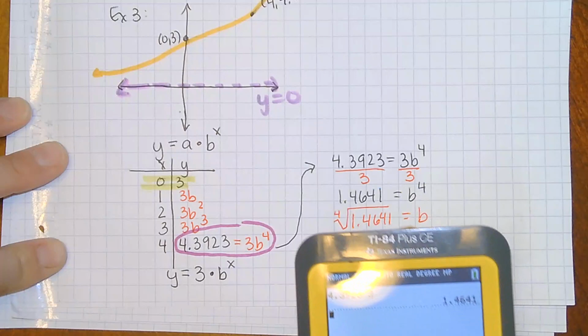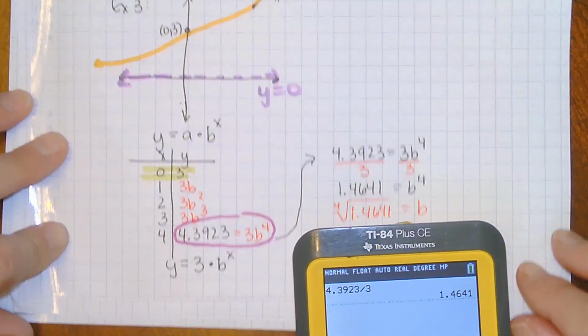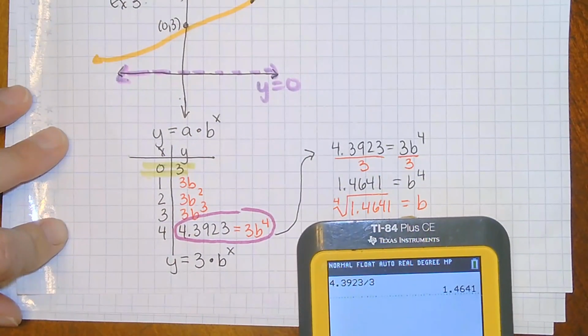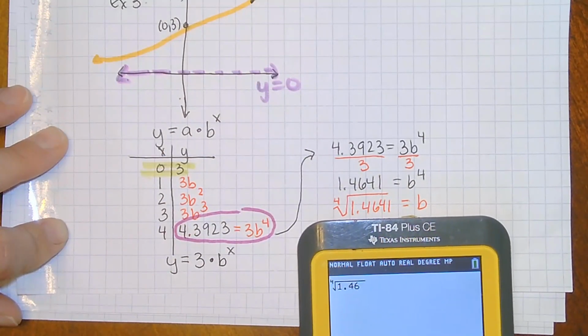So on my calculator, I'm going to do this. You can do this on your phone calculator. You can also do it on Desmos. Desmos does do this also. It is a calculator. So I'm going to take the 4th root of 1.4641, and I actually get a nice answer.